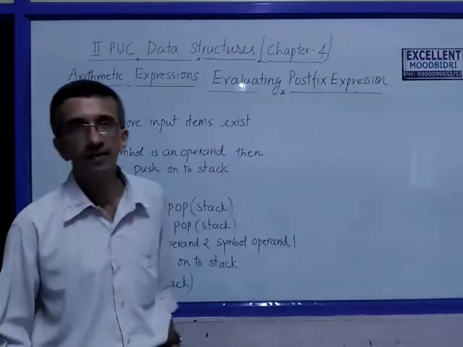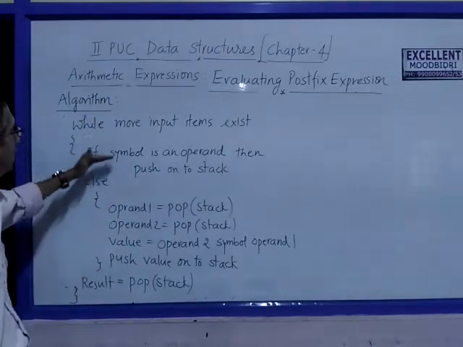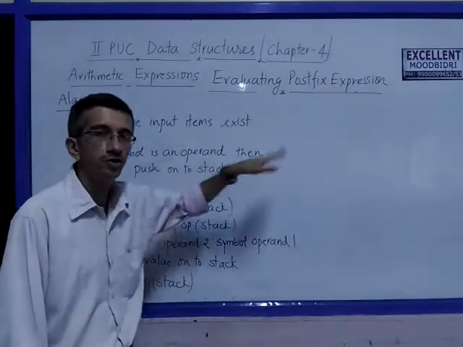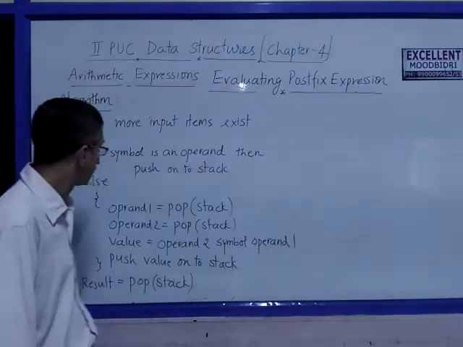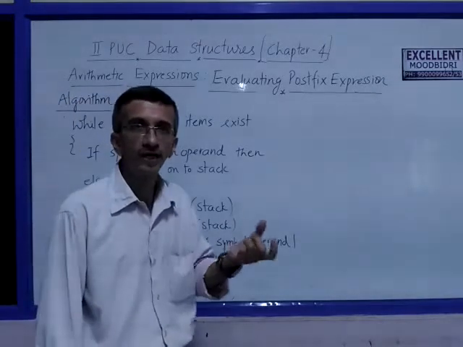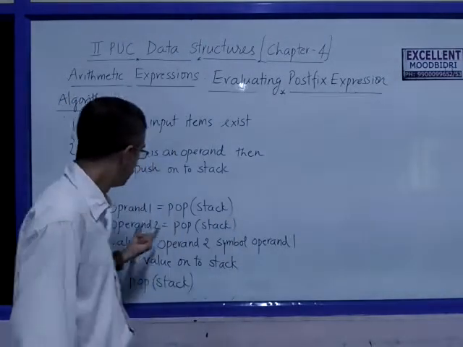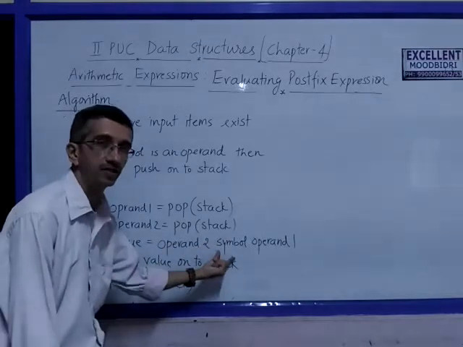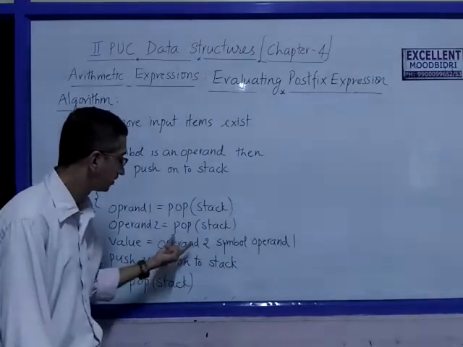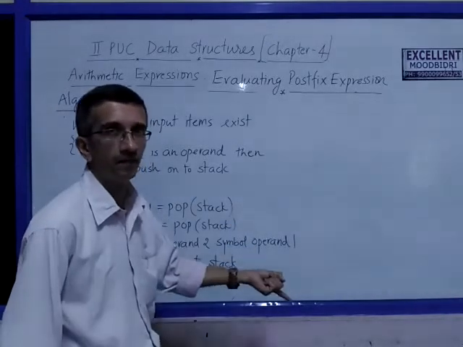So overall summary: take each symbol. If it is an operand, push it onto the stack. If it is an operator, then take two pop operations to get the two operands and do the required operation as per the operator symbol available. The value is given as operand 2 symbol operand 1, right?